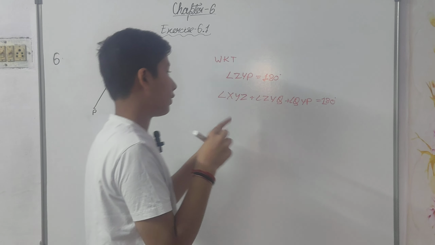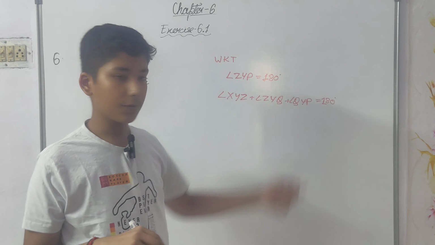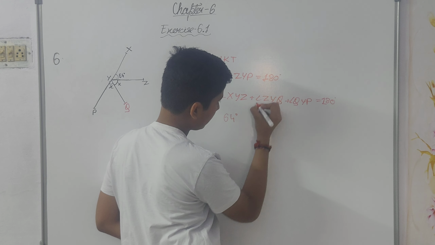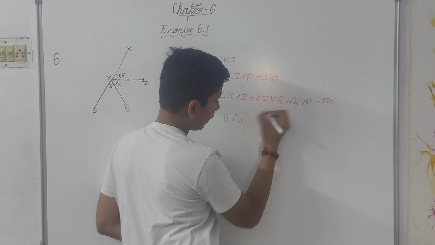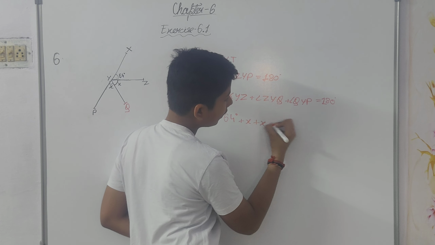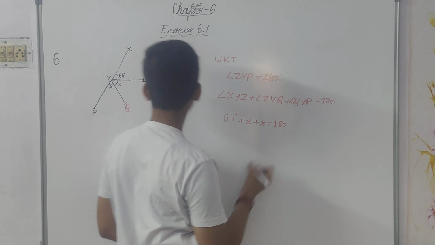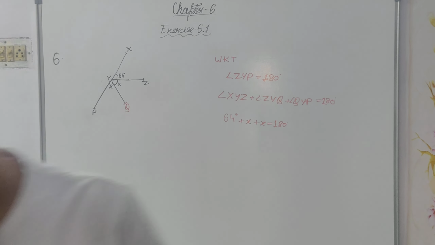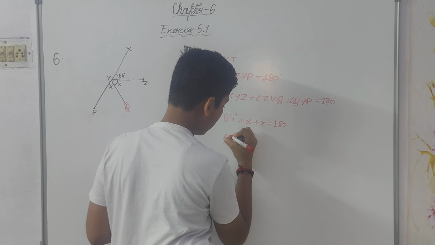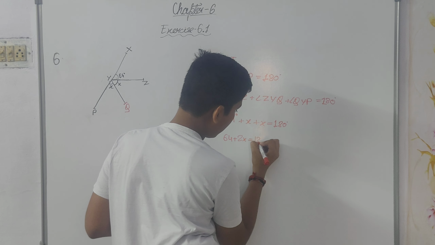Okay, now these all are done. Now we just have to put the values. XYZ is 64 degrees. This ZYQ is x and QYP is also x, equals 180 degrees. Now 64 plus 2x is 180.